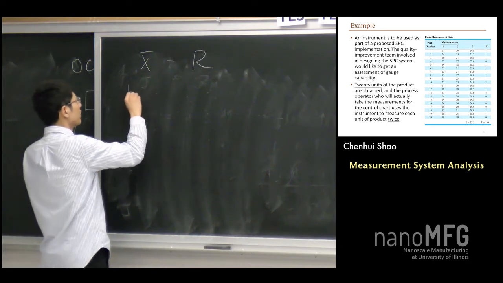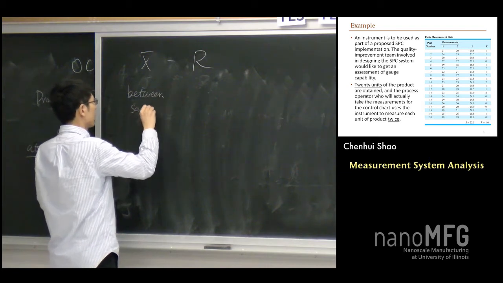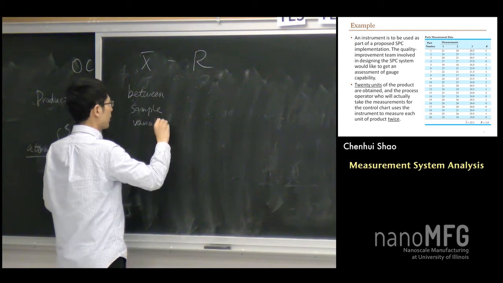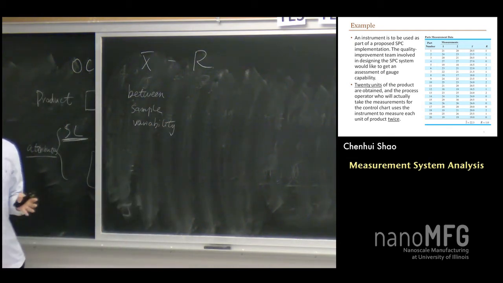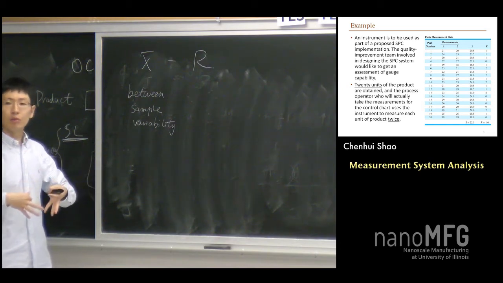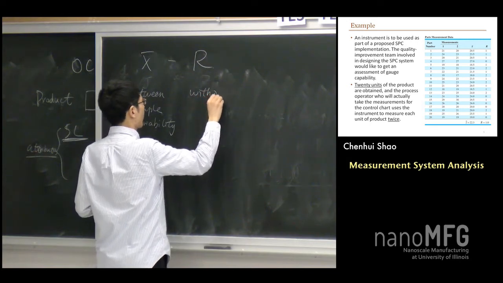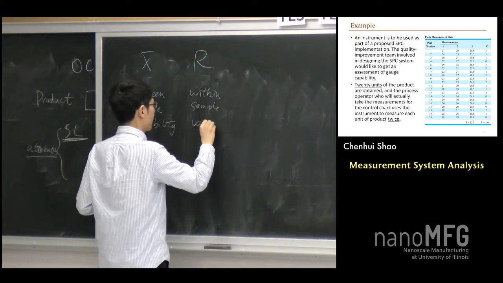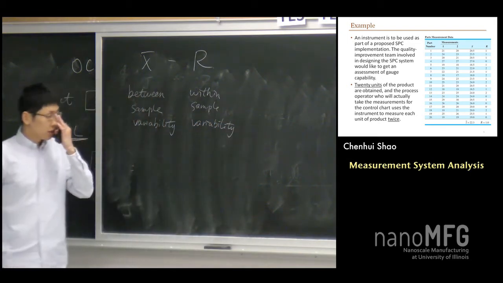So this is between sample variability. How about R? The R chart. R measures the range of one sample, right? It is within sample variability.